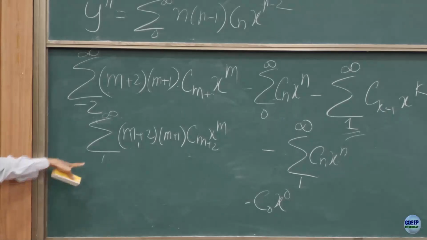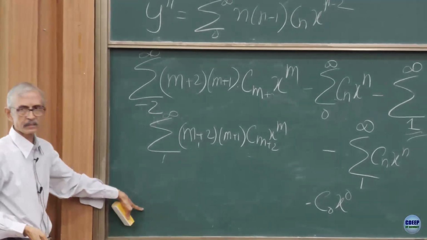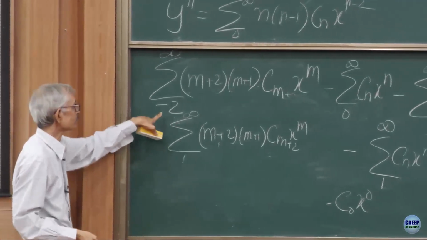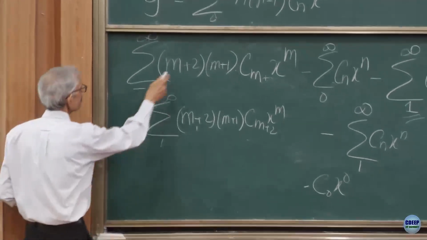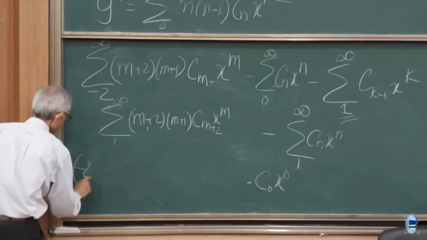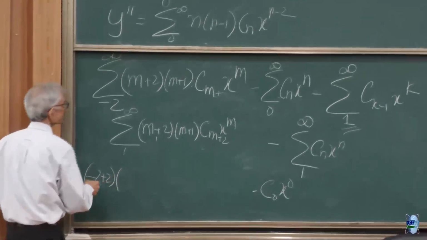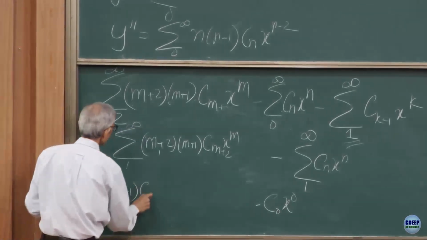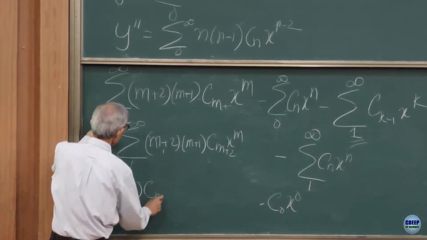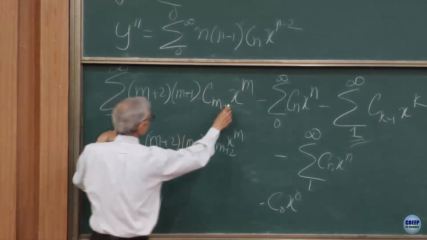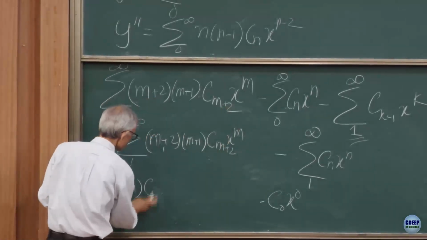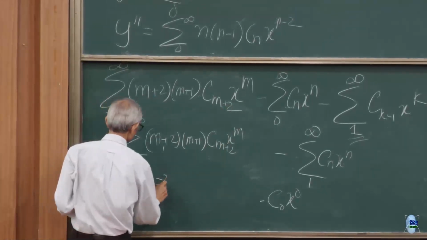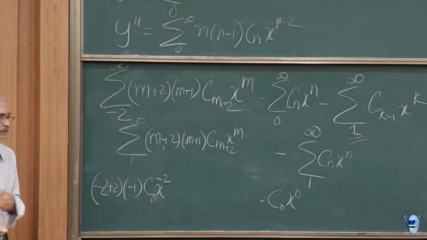Okay. So how many terms more should be here? 3 terms more, because for m equal to minus 2, we get minus 2 plus 2, which is 0, minus 2 plus 1 is minus 1, and then you have got c of m, this is c0, and this is for m equal to minus 2, right?